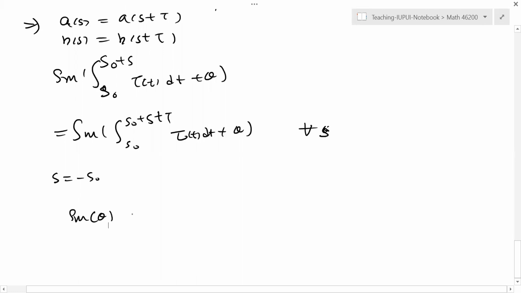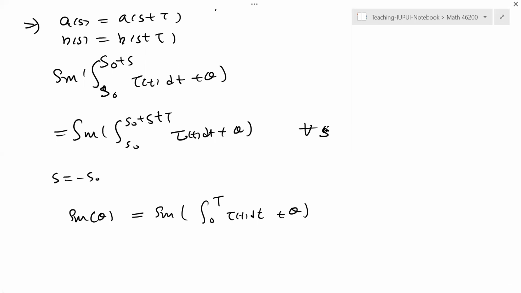Okay, so you will get sine theta on the left hand side, equals sine from 0 to tau, right? So this identity shows you that similarly, cosine theta equals cosine.